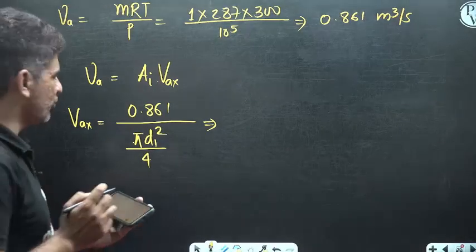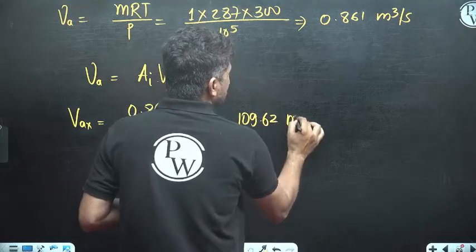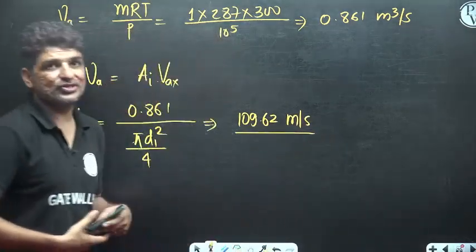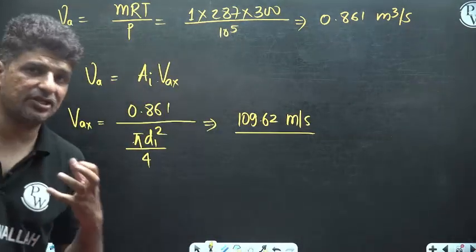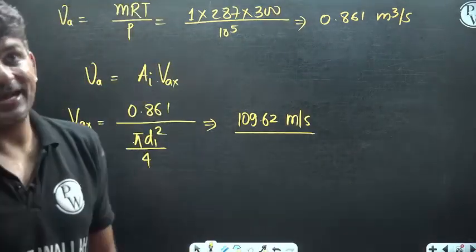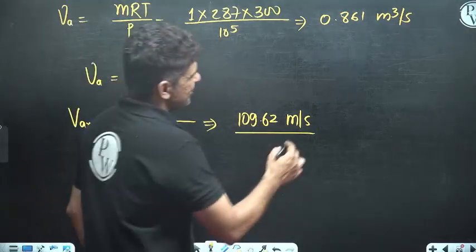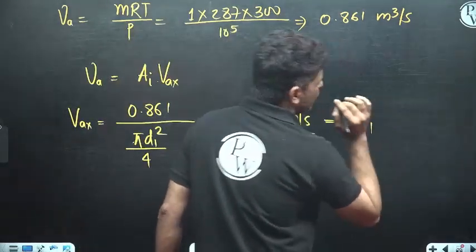This comes out to be 109.62 meter per second. So this is the axial velocity with which your flow is coming inside. Now if this is the axial velocity with which it is coming, can I say this velocity will also be equal to V1?